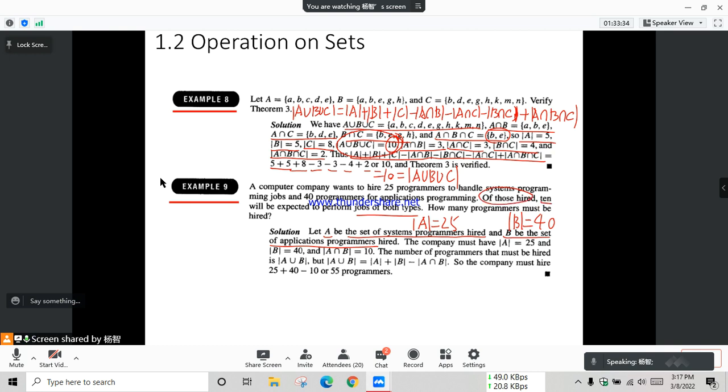And of those held, 10 will be expected to perform jobs of both types. What does jobs of both types mean?